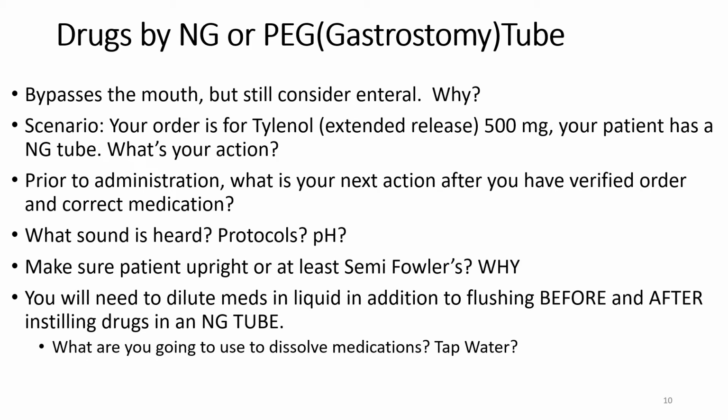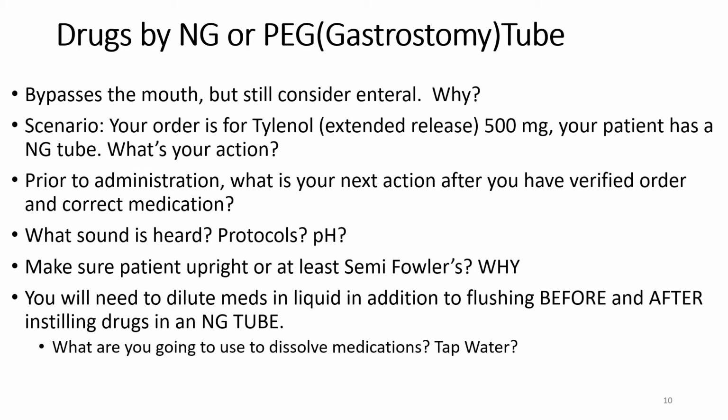Now, when we talk about these tubes, again, you have to consider the extended release tablets that we talked about previously. Remember, we don't want to crush them and give those because they're meant to be released over an extended period of time. If you crush that, they're going to get that full 500 milligrams immediately.